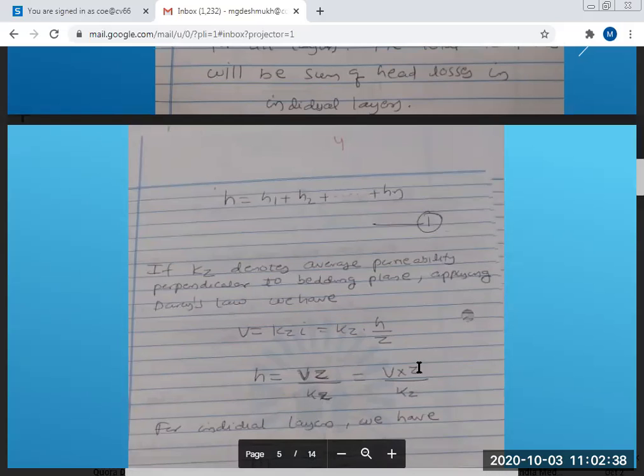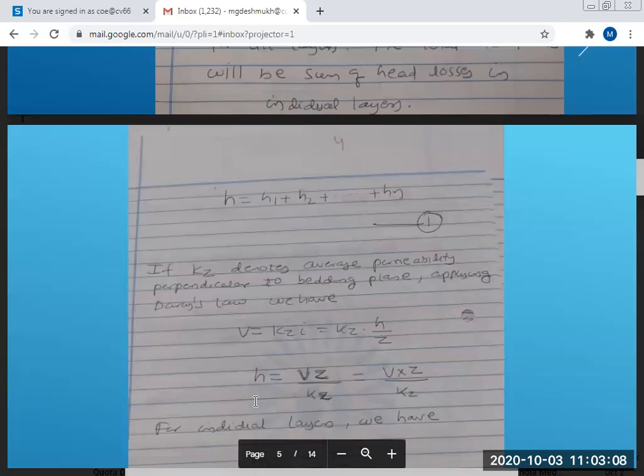If you have any doubts, you see here. What you have to do, in series, you have to add the losses of head, and that is given by H is equal to H1 plus H2 up to Hn. From Darcy's law, we know that V is equal to K into I, which is also equal to K into H by Z, because I is H by Z, or H is equal to V into Z by Kz.